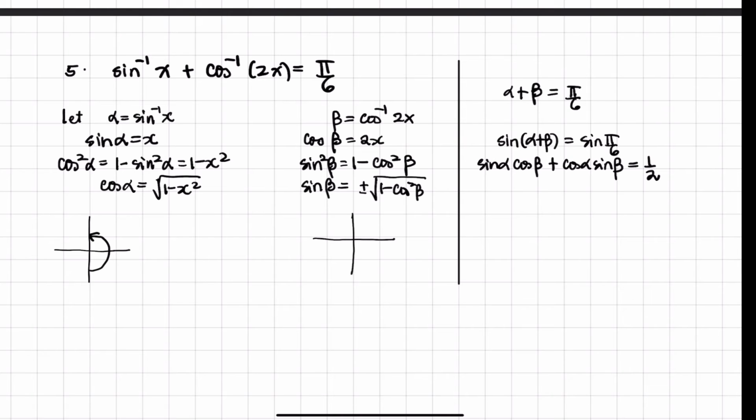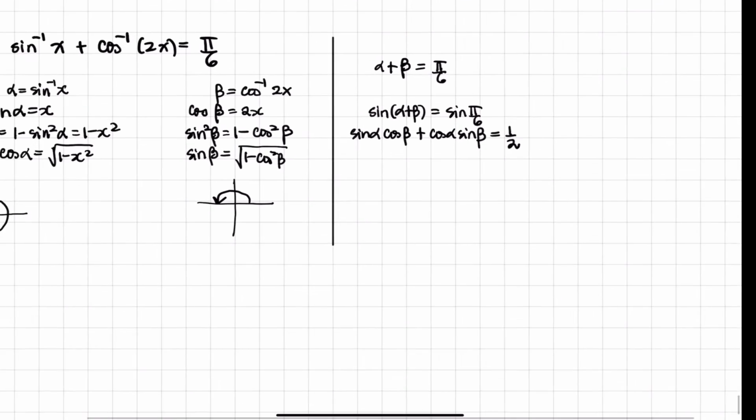Okay, so babalik tayo dun sa kung nasang quadrant si beta. Beta is cosine inverse, so it's either nasa quadrant 1 or 2 lang yan. And in quadrant 1 or quadrant 2, sine is positive. So, pwede na nating alisin yung plus minus kasi positive lang siya. Okay, so iniingatan nyo dapat yun kung positive or negative.